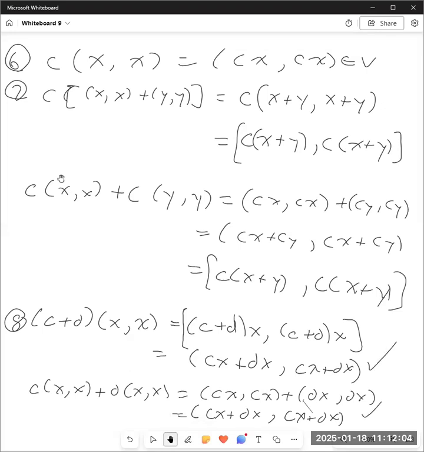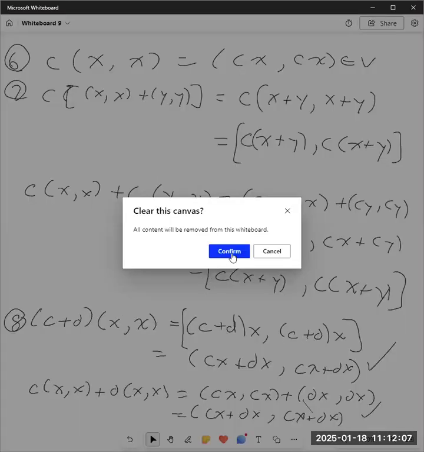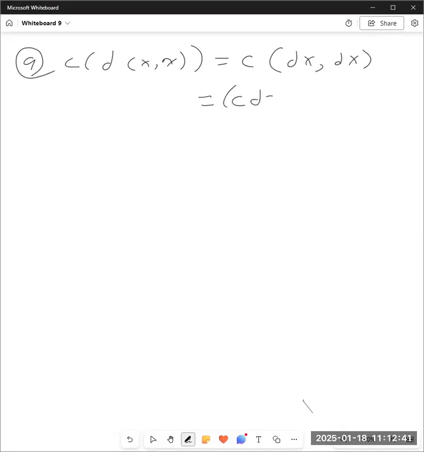Let's make a little bit more space to test 9 and 10. 9 says c times d times the vector x, x, which is c dx, c dx.